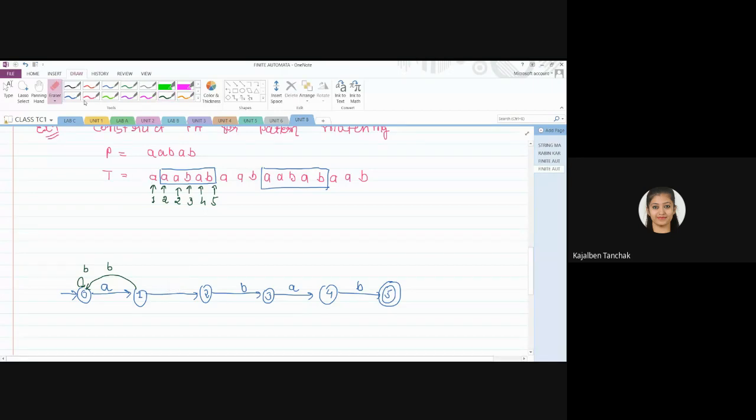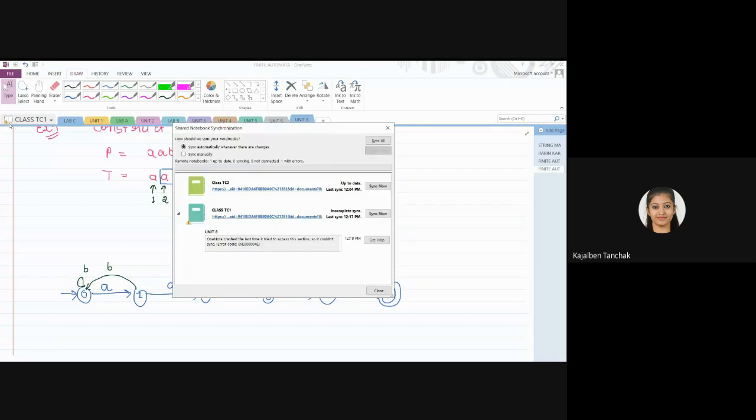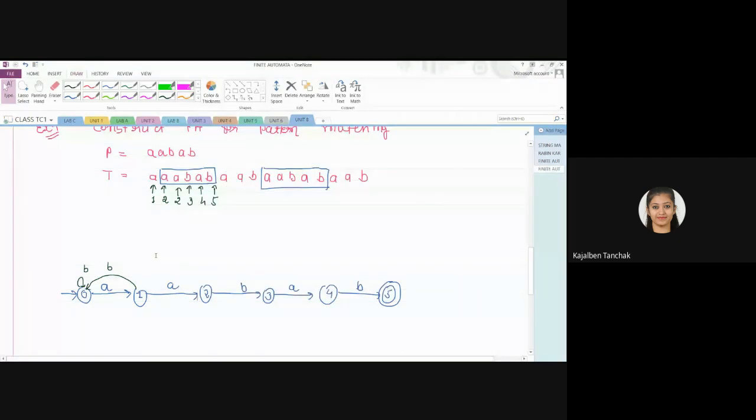Automatic crash. I don't know why. There is some problem with this. It is auto saved only, but I don't know. Okay. So let me explain it again. If someone is having any doubt, then it's fine.